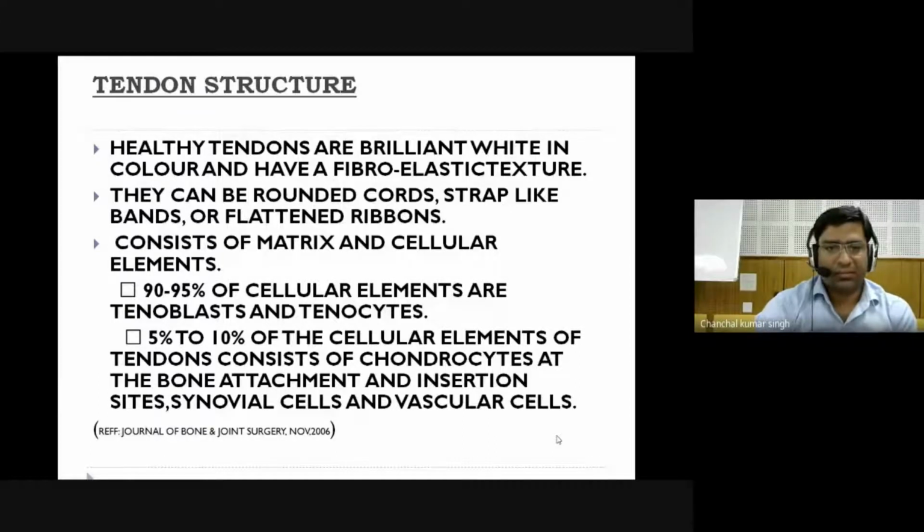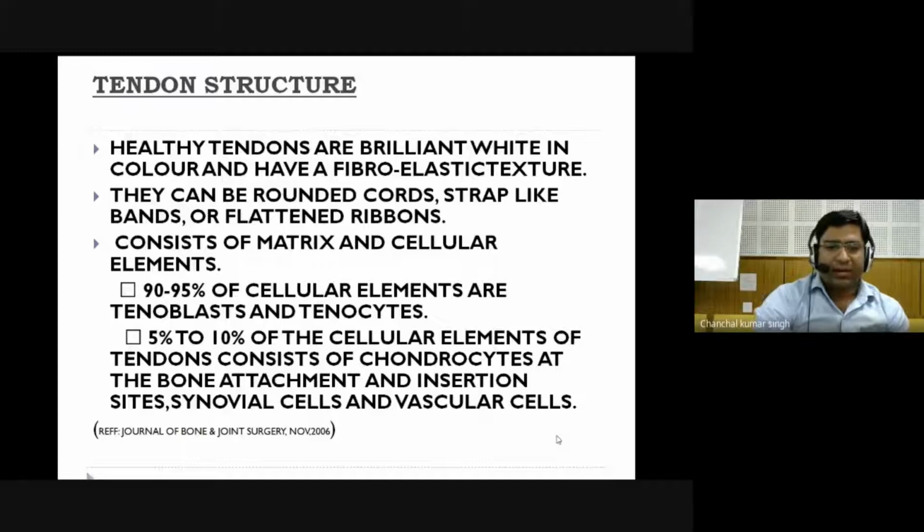To the naked eye, it is a very brilliant white shiny structure, and it has a fibroelastic texture. Most of the time you can feel it like a band or a flat cord or a ribbon kind of structure if you palpate it. Microarchitecturally, it has matrix and cellular elements, most of it abundant type 1 collagen.